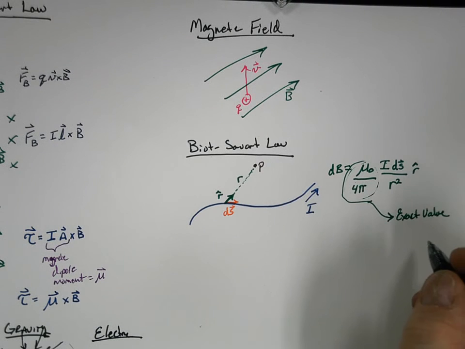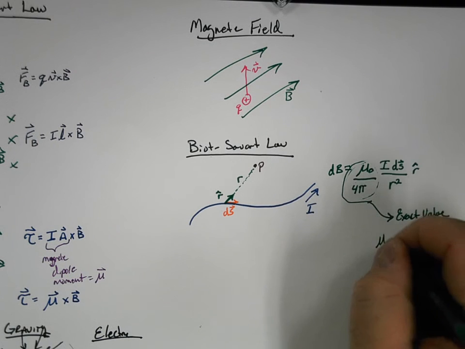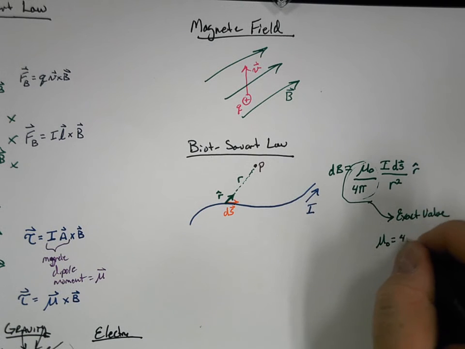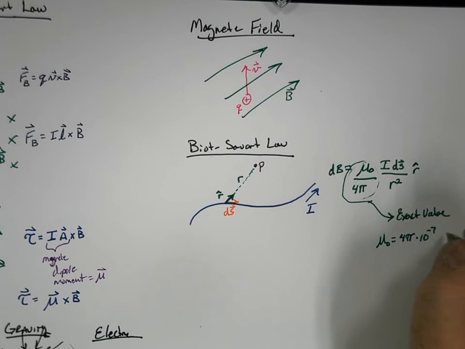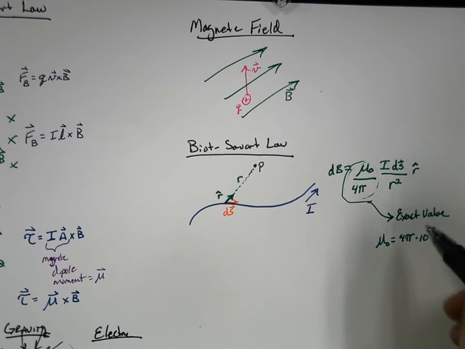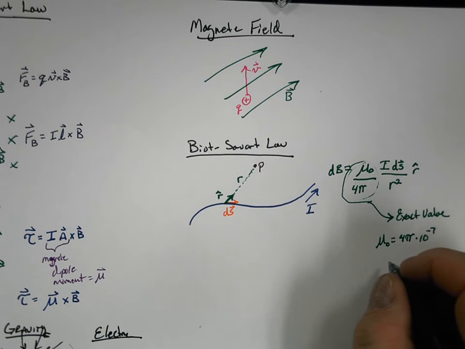Its value is, well, this mu naught here is equal to 4 pi times 10 to the negative 7th. We'll get into the units of that in a minute. This mu naught is called the permeability of free space.